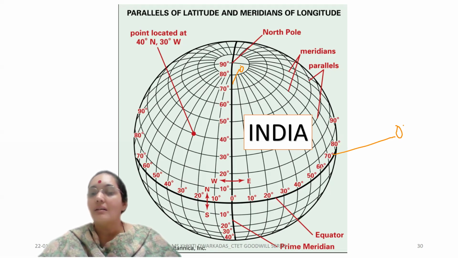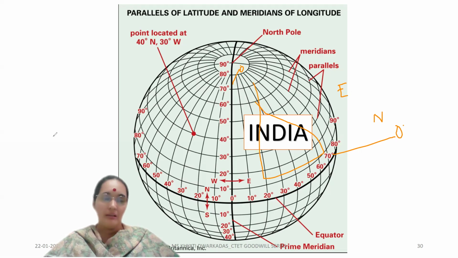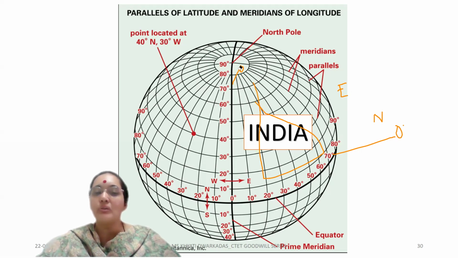Places north of the equator would be in the northern hemisphere. Places east of the prime meridian would be in the eastern hemisphere. So India lies in this part, the northeastern hemisphere, right? Okay. So I give you a moment to note it down and we proceed.